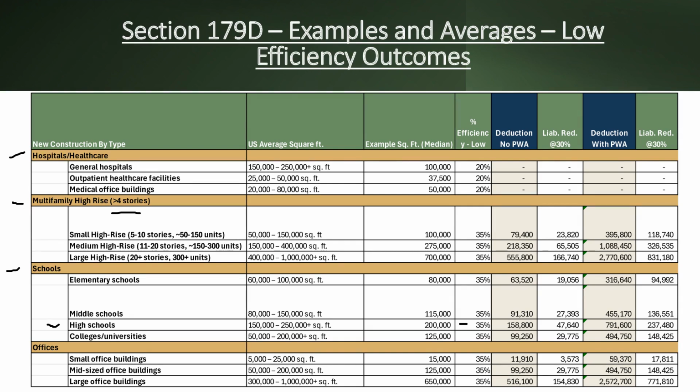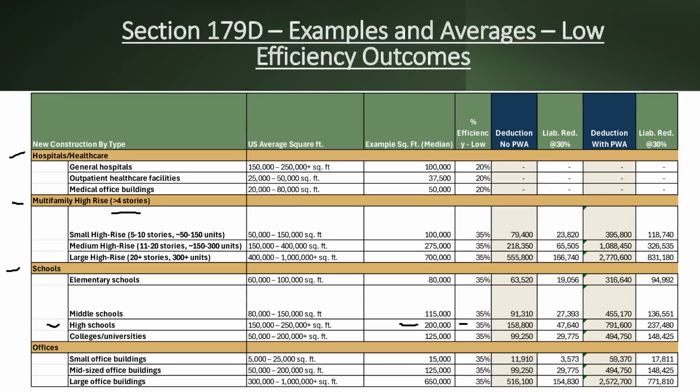So in this example, a lot of engineers that work on mechanical design say, well, hey, look, I only worked on the chiller and it only takes up about 10,000 square feet. But your work actually impacted the entirety of that 200,000 square foot high school.